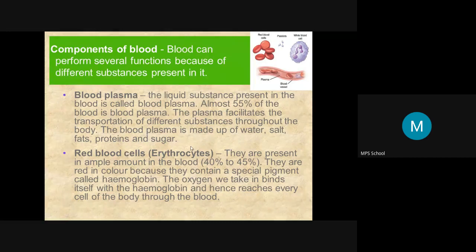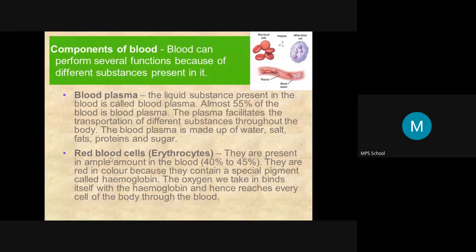And the plasma facilitates the transportation of different substances. We have seen in the previous slide, the plasma contains the digested food, nutrients, and waste material and everything. The blood plasma is made up of water, salt, fats, proteins, and sugar.